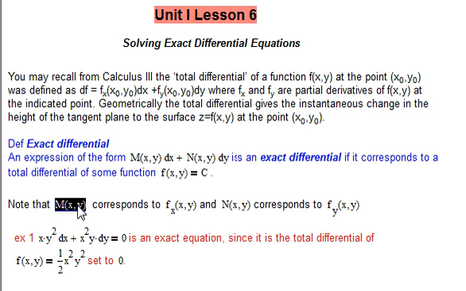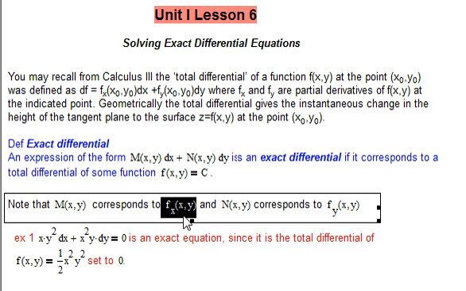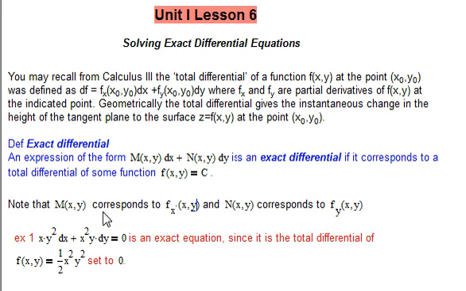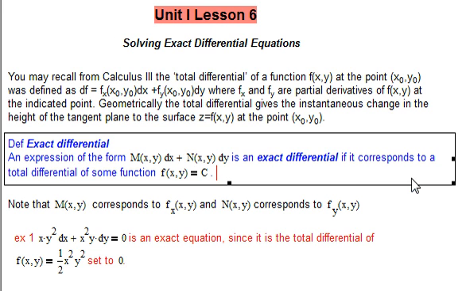Note that this corresponds to the partial derivative of f with respect to x at xy, and this corresponds to the partial derivative of f with respect to y at xy. So, take that exact differential and set it equal to 0, and we have an exact differential equation.